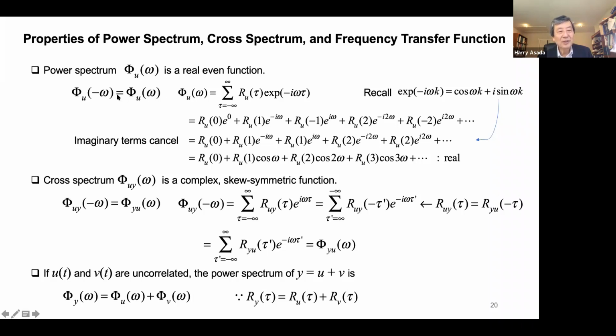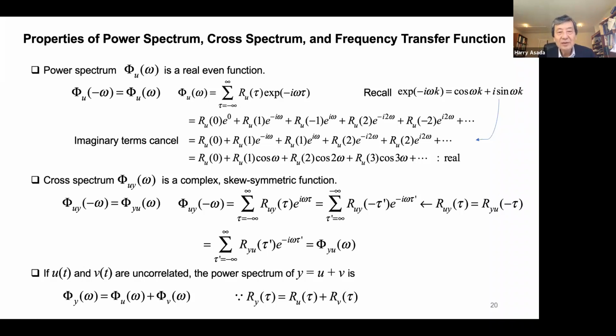Even if you replace omega by minus omega, you get the same result. So it is symmetric with respect to the center point, omega equals 0. And this is just a quick proof. It is in fact a real function, and the imaginary part is gone.